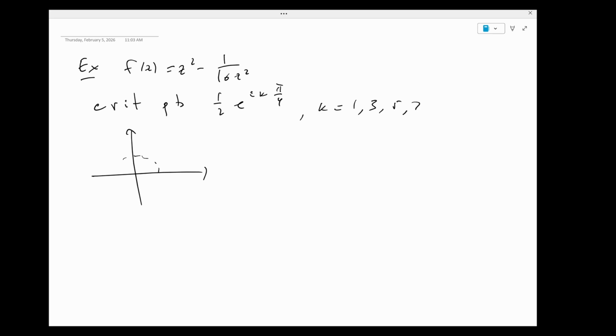They're all on this circle of radius 1/2. They are mapped to 2 values, 1/2 and negative 1/2. This one and this one go here, and this one and this one go here. And both of these are mapped to the origin. The origin is mapped to infinity, and infinity stays.